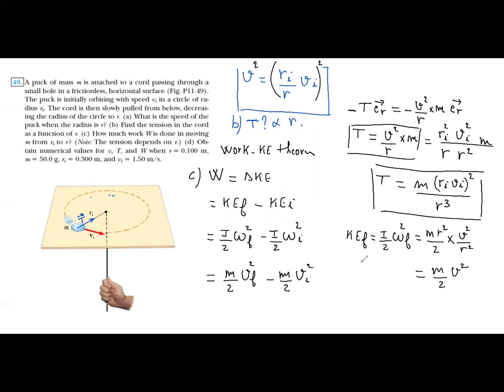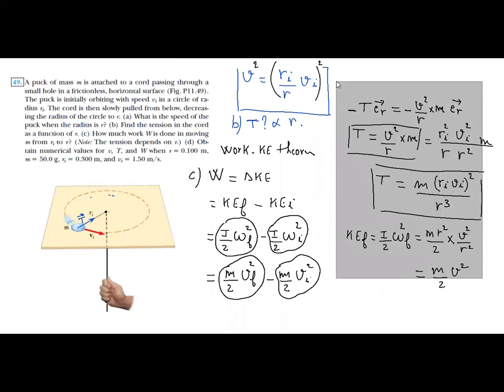So we can put I over 2 omega square, or we can write M over 2 V final square. It's the same. And also for the kinetic initial, we can write I over 2 omega initial square or M over 2 V initial square.